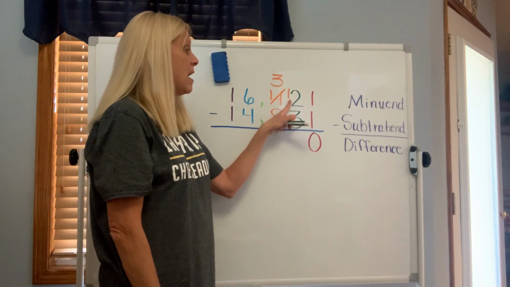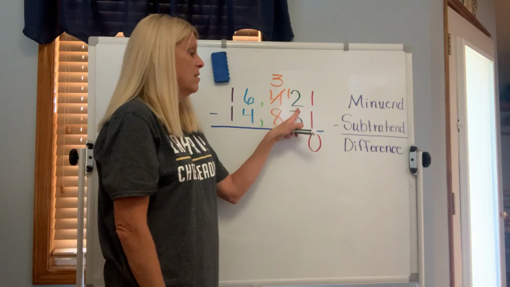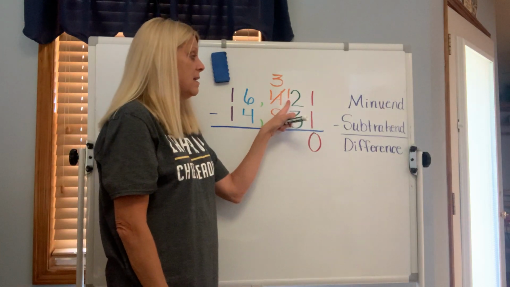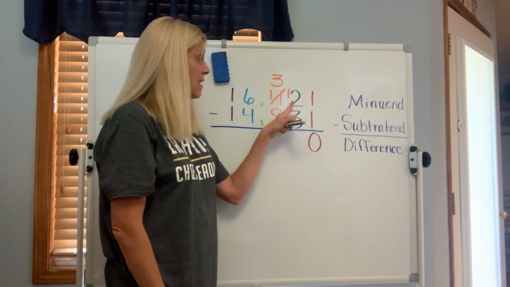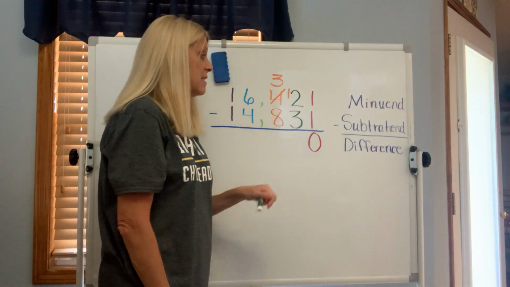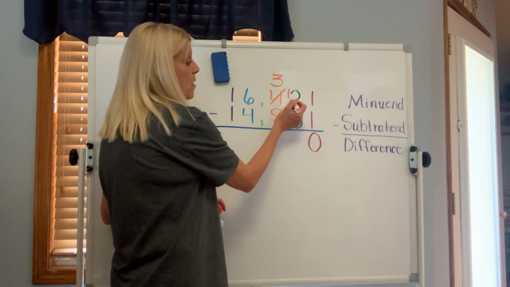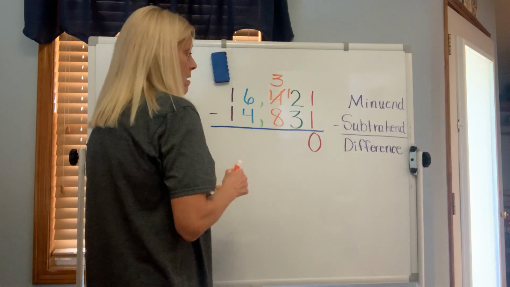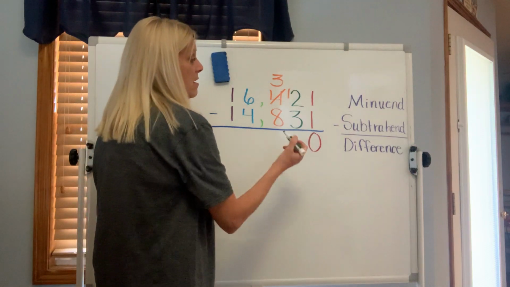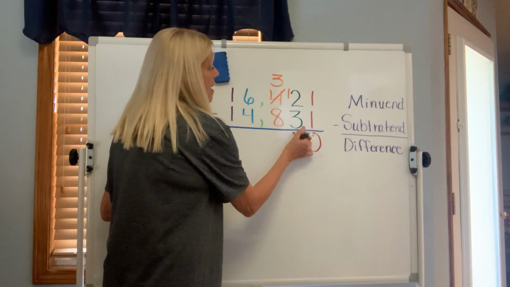So here I have 12 tens because 10 tens plus 2 tens is equal to 12 tens. So 12 minus 3 is equal to 9.